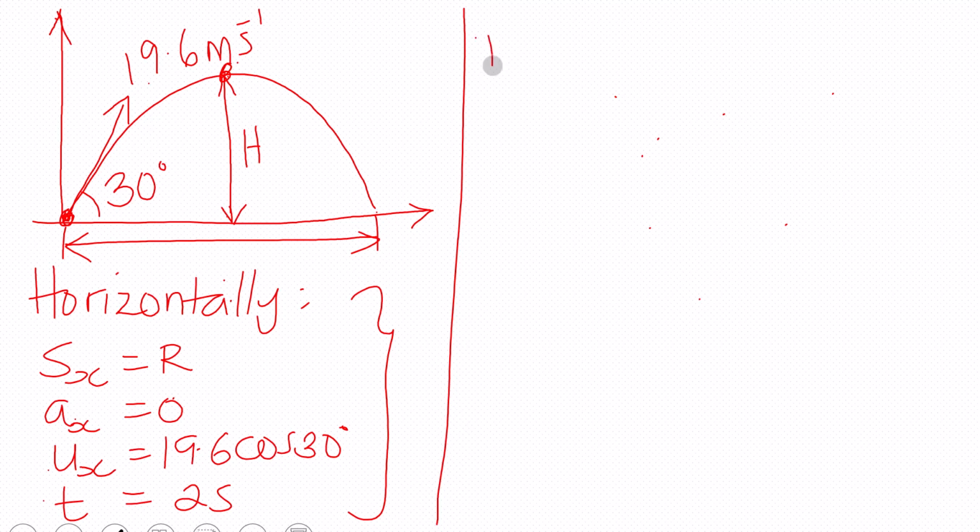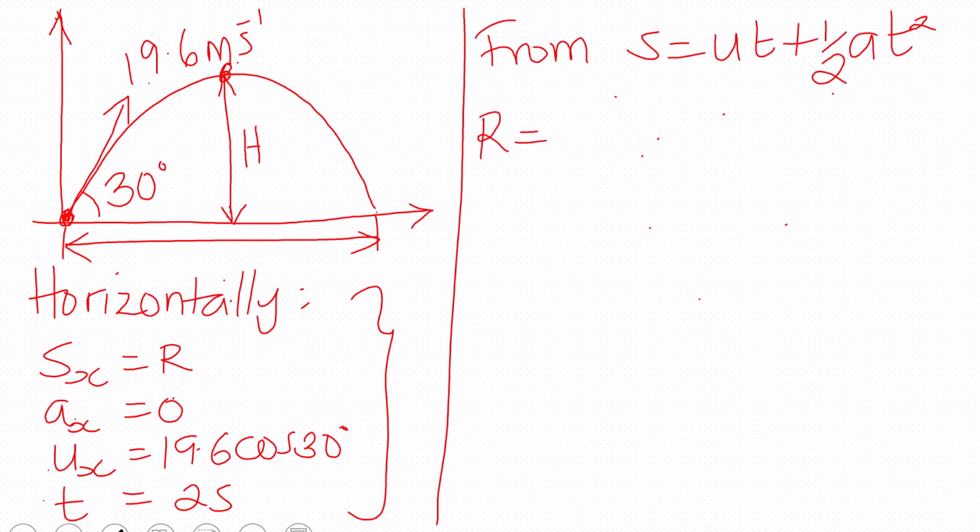So we can say from s is equal to ut plus a half at squared. We know that our s is taken as r and our u is 19.6 cos of 30 degrees, then this whole thing times 2, which is our time.